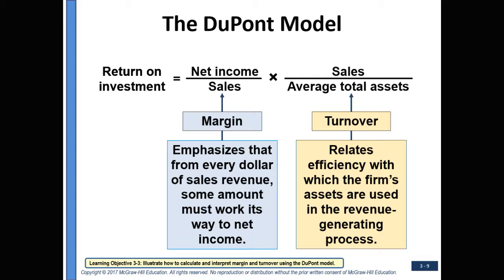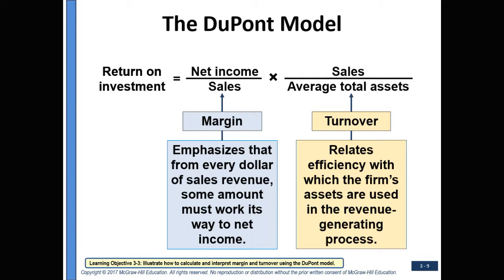Margin is an emphasis on every dollar of sales revenue. It says that for every dollar of sales revenue, some amount, some percentage, some piece of it must work its way to net income.